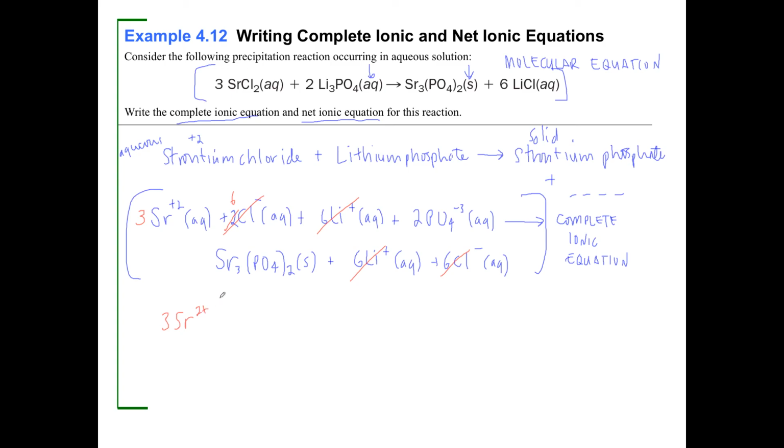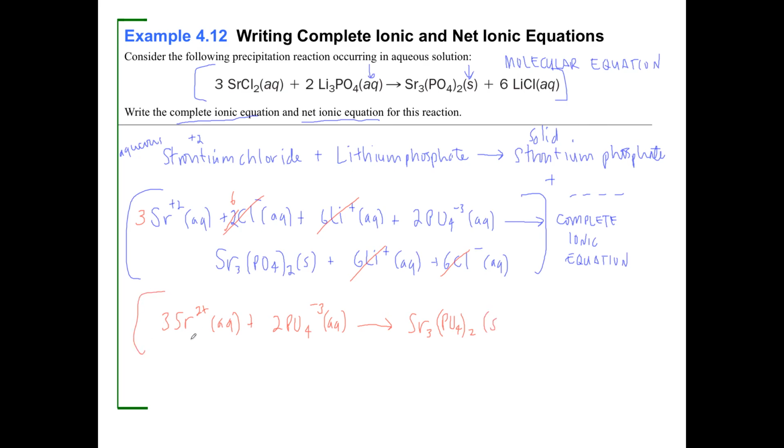So it looks like I've got 3 strontium 2+, and they're aqueous in the beginning, plus, I got rid of those, 2 phosphate 3−, they're aqueous in the beginning, and they precipitate to produce strontium phosphate.